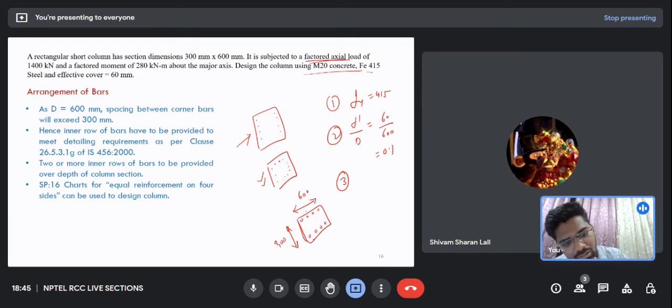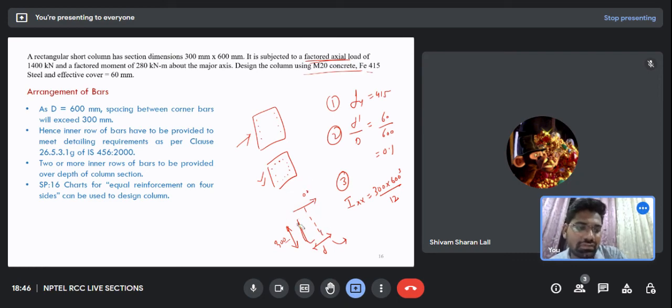My bending will be along this axis, because the major axis is the one which has higher moment of inertia. Higher moment of inertia will be 300 into 600 cube by 12, so this should be the depth. The direction in which the depth is higher, we expect the beam to bend along that direction. Okay, so these are wrong.